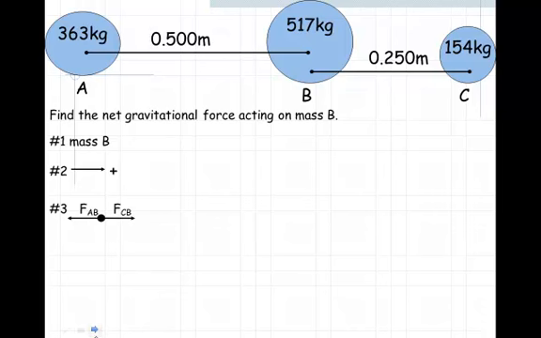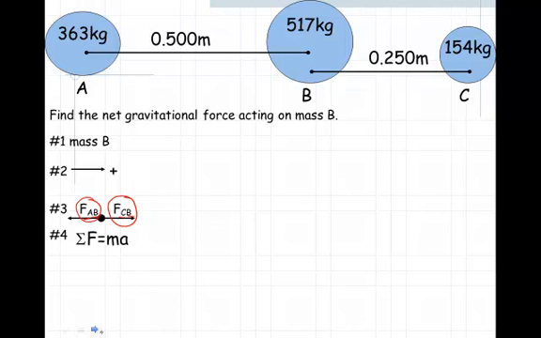For number three, we would draw a force diagram. And this force diagram is a very simple force. This means the force that object C applies onto object B, and that is to the right. And this means the force that object A applies onto object B, and that, of course, is to the left.